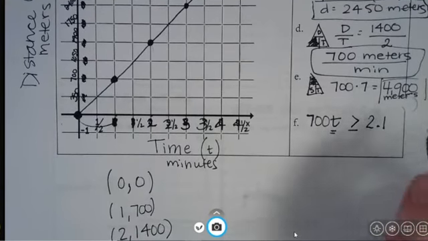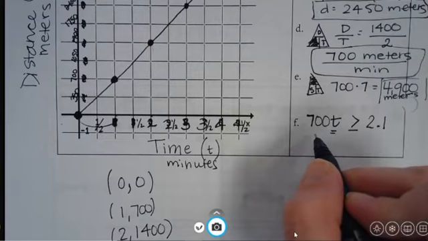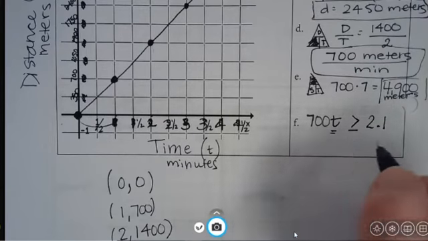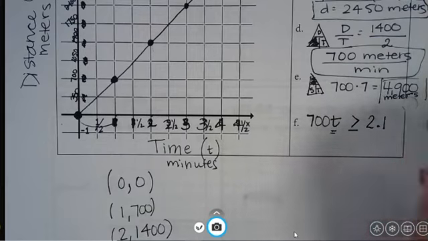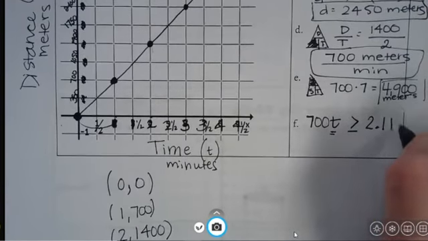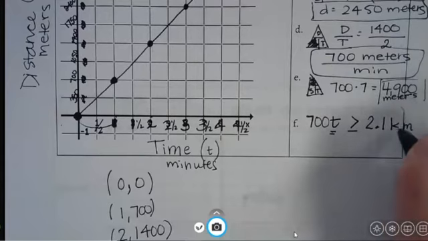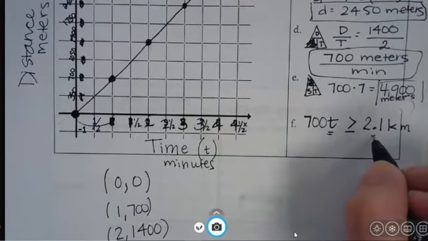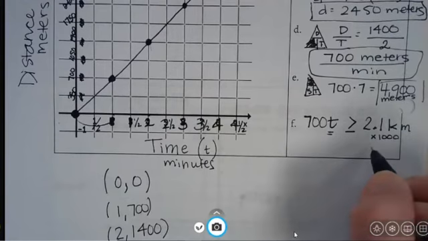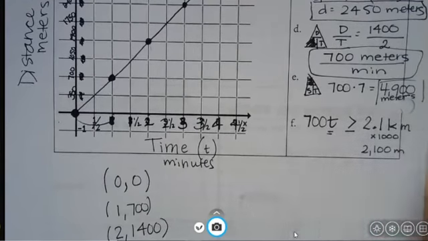I could divide by 700. If I want to make it easier on myself, what they just gave me was 2.1 kilometers, and I have a speed in meters, so I would need to convert this to meters, which would be 2,100 meters. So then I can divide by 700.